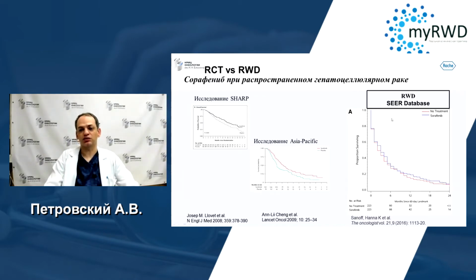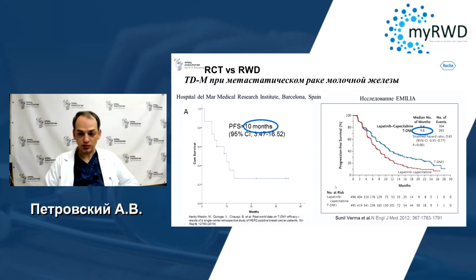Although when we analyze real data, for example in 2016, there was a study based upon such an analysis. It appeared that survival was the same for those who got and did not get the treatment. Because in the SHARP and Asia-Pacific studies, they included patients with ECOG 0 and 1. But in real life, patients who have prevalent HCC in good status are a minimal number. And we actually don't always see the positive effect.